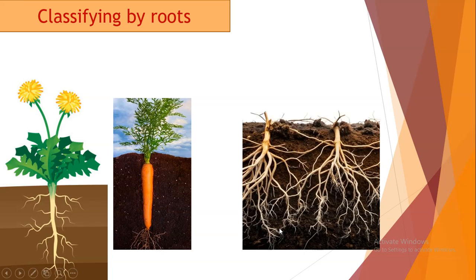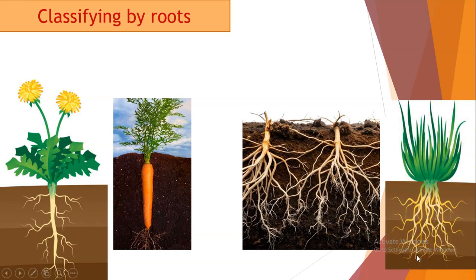What about this picture? These roots here, they are small and they spread out over a wide area. Look at this picture here. These roots of the wheat plant are small and branch out in different directions.